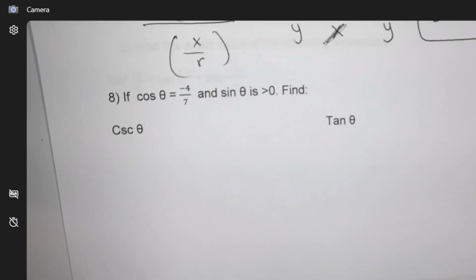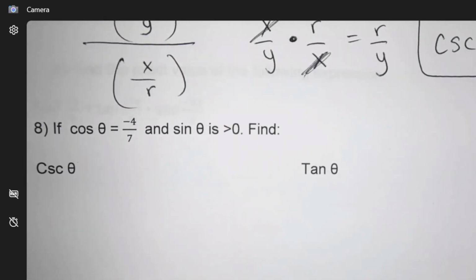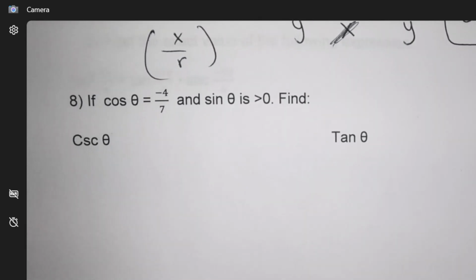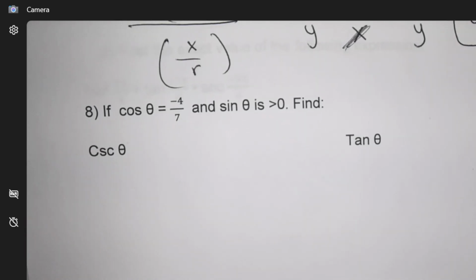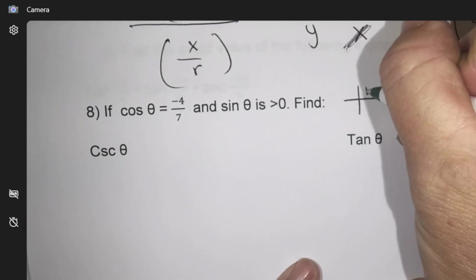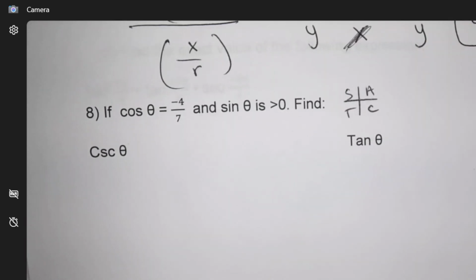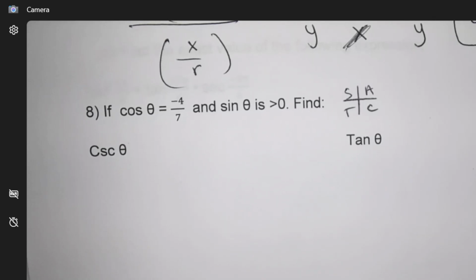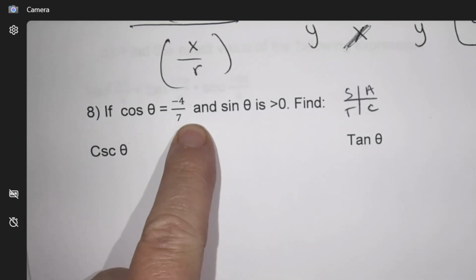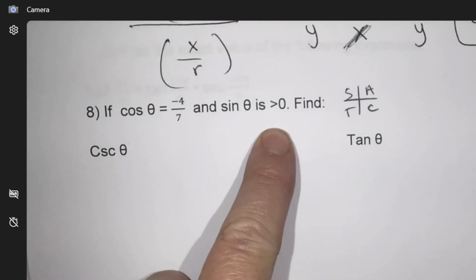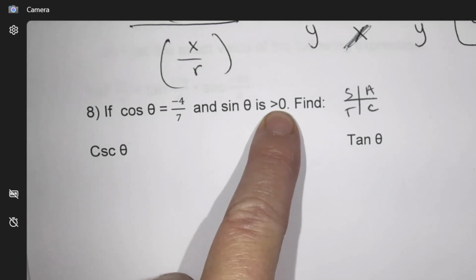Okay, question 8, an XYR question that's not a unit circle XYR. Okay, so let's go ASTC. You've got to figure out where you are. So I know these two things. I know cos is negative, and I know sine is positive.